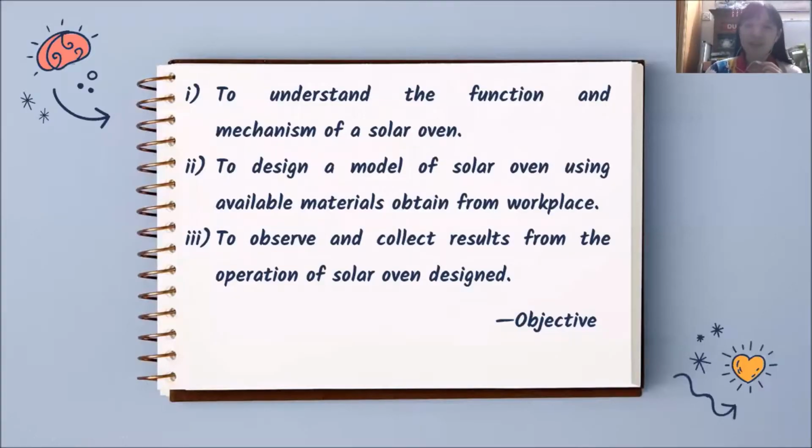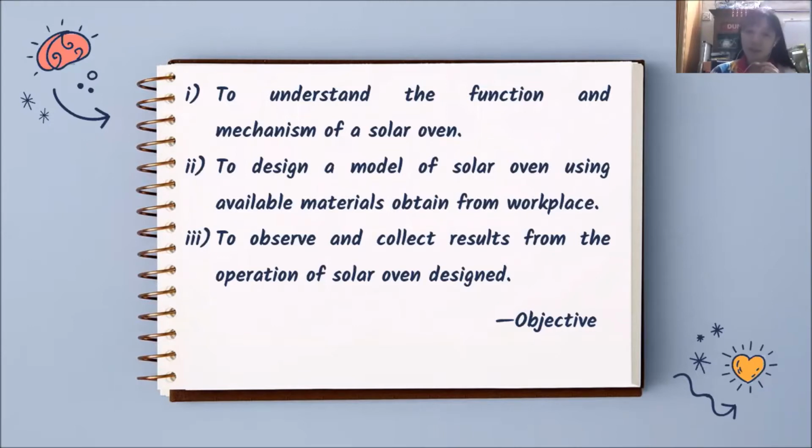Hi, so for the first part of our presentation, I'm going to first introduce the objective of our project. The first objective is to understand the function and mechanism of a solar oven. The second one is to design a model of solar oven using available materials obtained from the workplace.